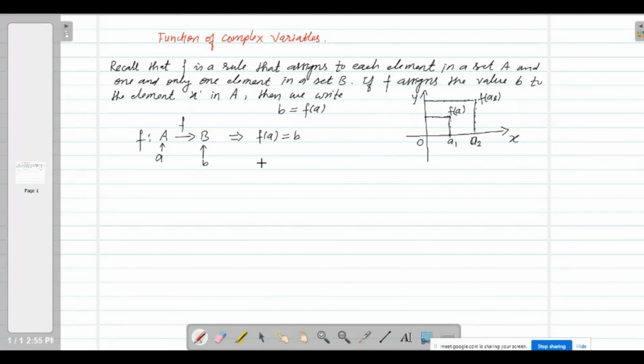So this is the definition of a function in the real case.